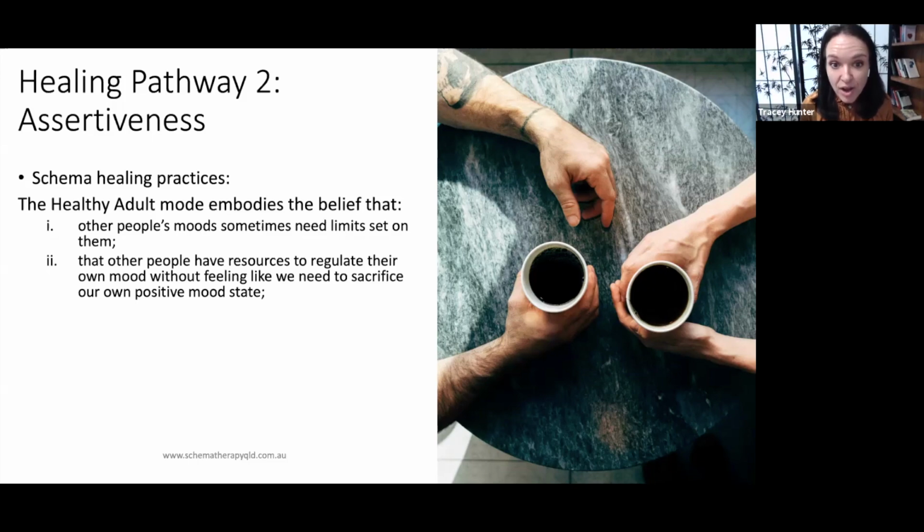So if I was working with someone who was being impacted by a partner who would sort of project their negative mood, because they couldn't regulate or manage their own moods, I would still be helping the other person to set boundaries.